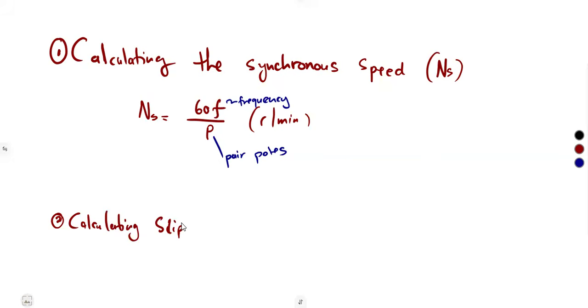So the slip is the relative speed of a three-phase induction motor, which is the difference between the synchronous speed of the magnetic field and the actual speed of the motor. Remember, the synchronous speed is of the magnetic field.